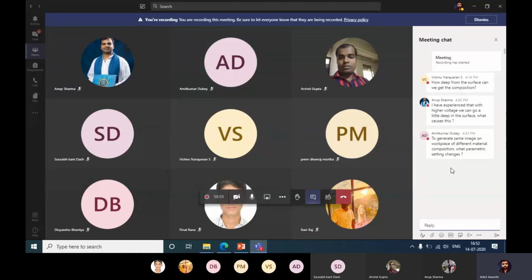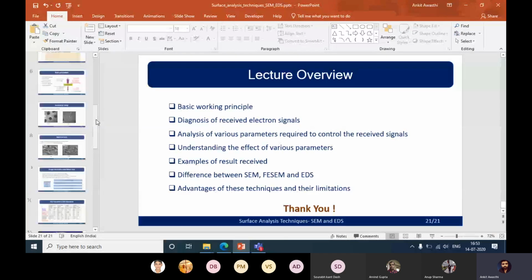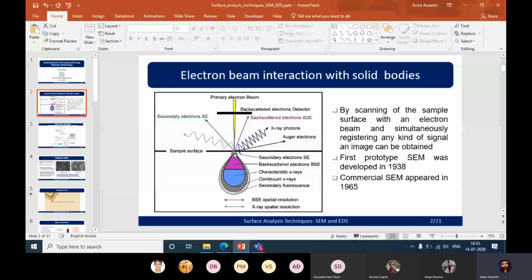Okay, so actually if you are performing this EDS analysis, it's not exactly sure up to what depth you can get, but here you can see the image. Generally from the top surface we get these secondary electrons.